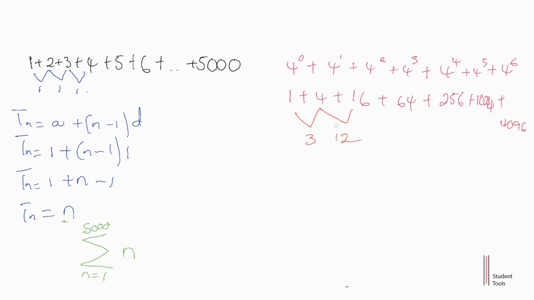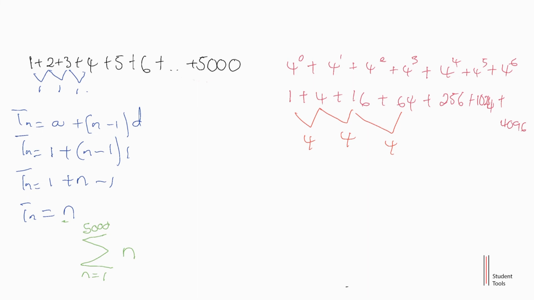So it's not arithmetic. Let us check if it's geometric. 4 divided by 1, that is 4. 16 divided by 4, that is still 4. 64 divided by 16, that is still 4. So this means this is a geometric series.